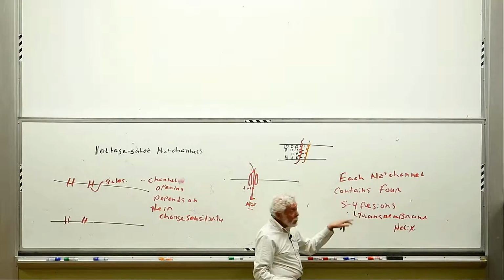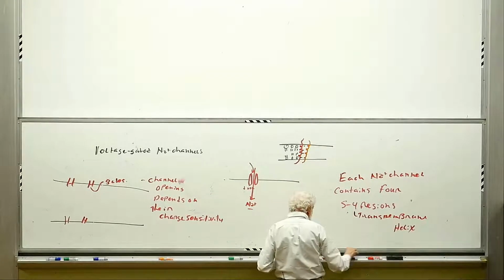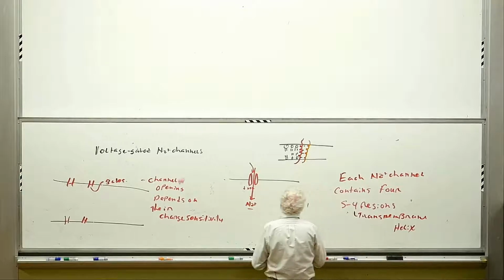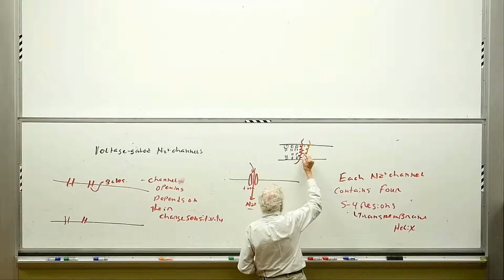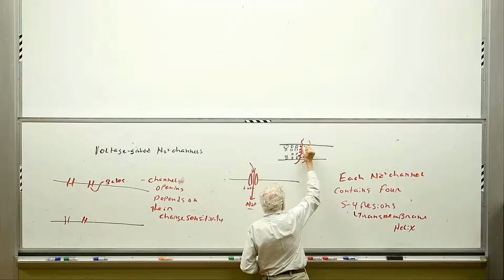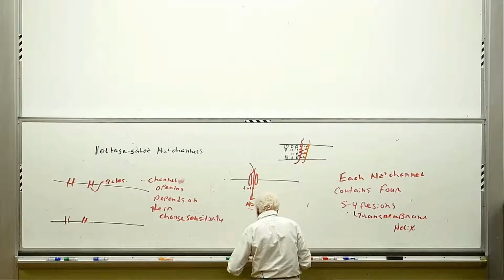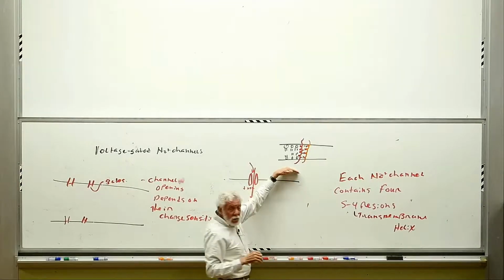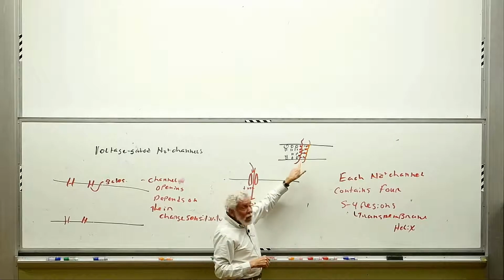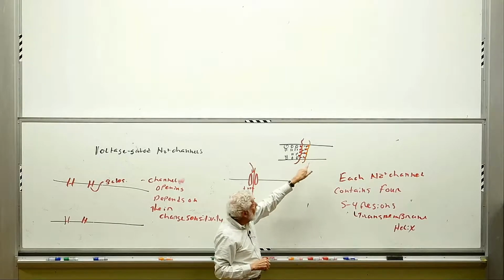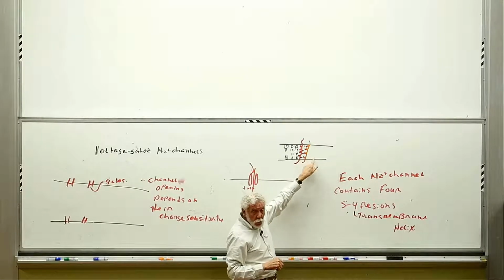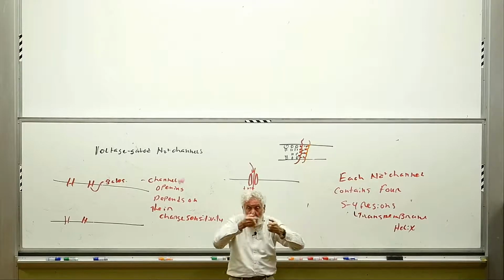It may be a couple of them, which also have on them predominantly arginines, which are positively charged. So at rest, this is stable. These negative charges on the S4 region are interacting with positive charges on the other alpha helix. So everybody's matched up, charge to charge. The negatives and positives are attracting one another, and that's stable.